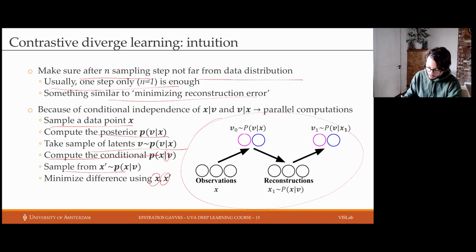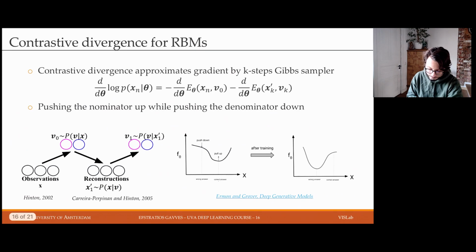Graphically, this is shown in this picture here. Given our observations X, we first sample our latents, then we sample again reconstructions, and then we sample again latents. Usually a single step here is enough. And for RBM specifically, the contrastive divergence approximates the gradients by k steps of Gibbs sampling.